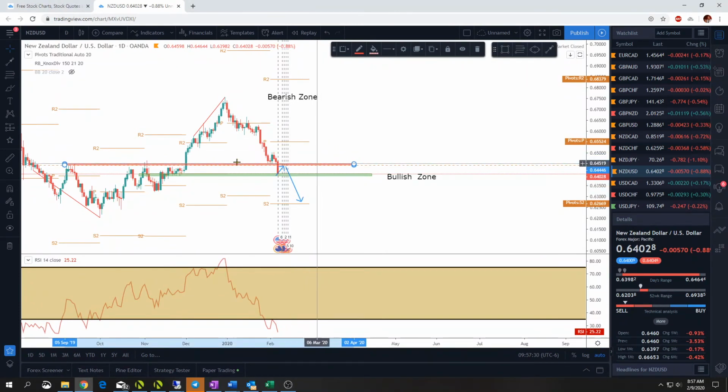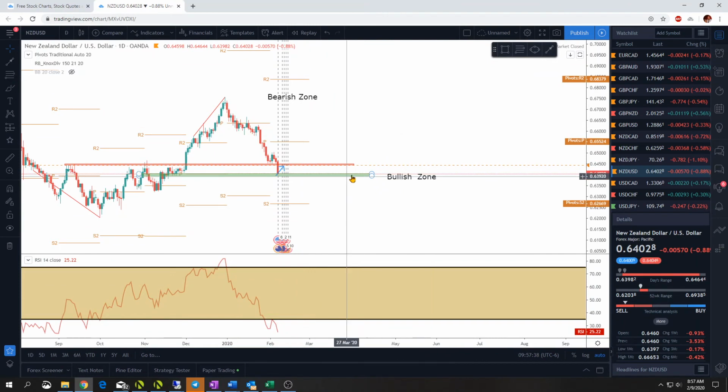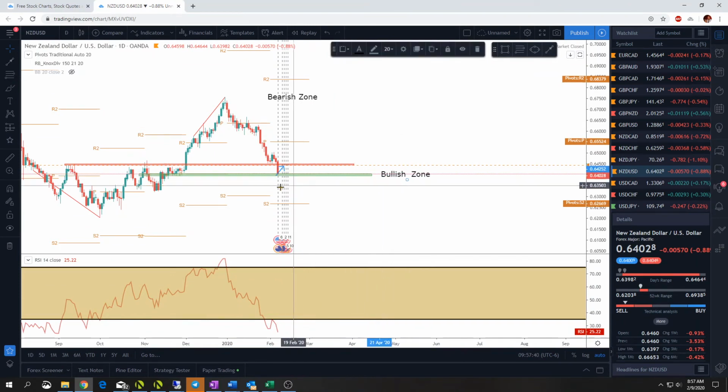The former resistance. We don't quite have a break here, so it's not a bad place to look for a good buy trade. However, I think the US dollar had a really strong week. That's this push. I think the New Zealand dollar is going to get stronger, so it's not a bad play for a buy. We have a missed pivot.